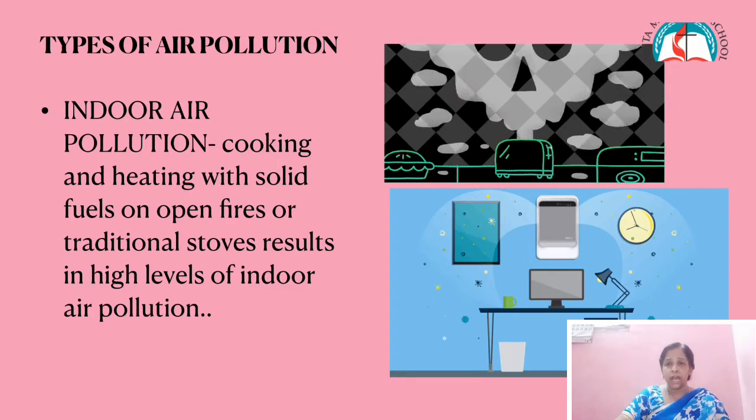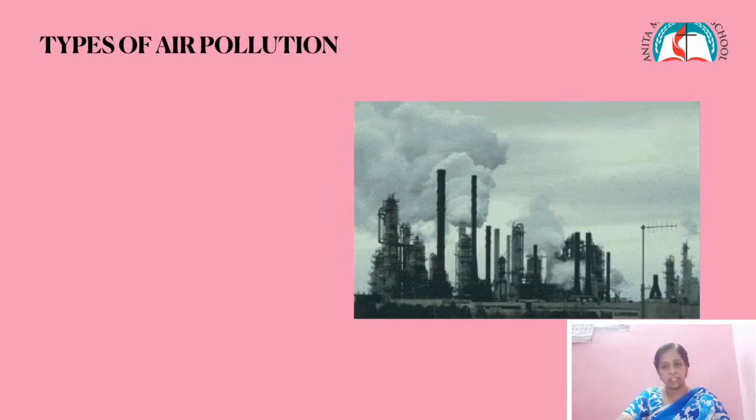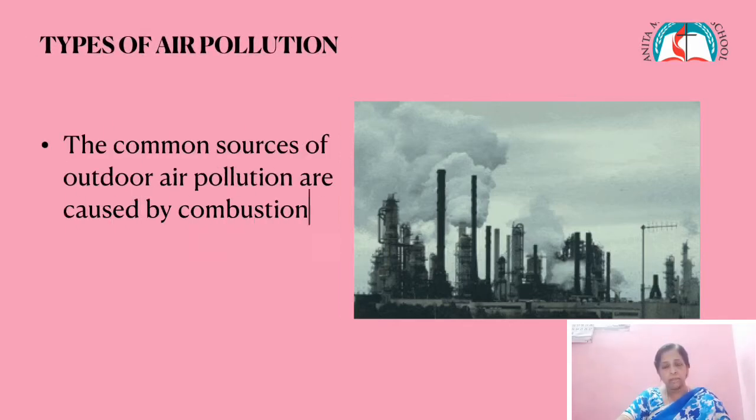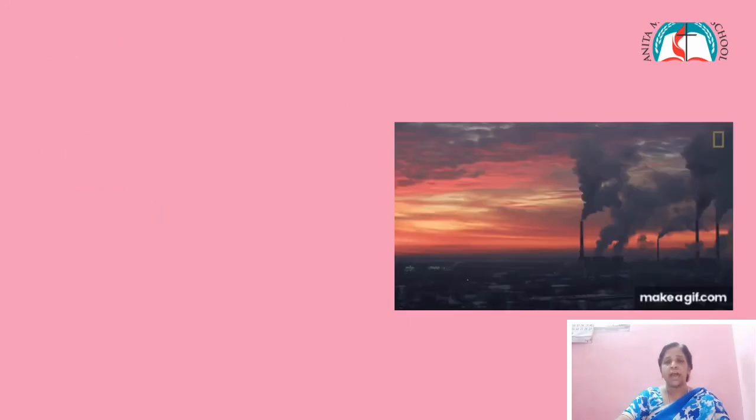And outdoor air pollution is caused by the combustion processes from motor vehicles, fuel burning, and also especially from industry. The outdoor air pollution is happening especially because of the industries. These are the 2 types of air pollution.